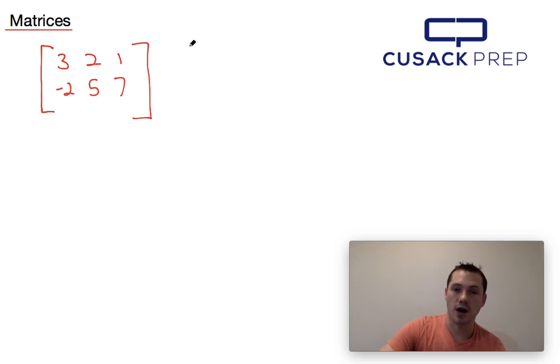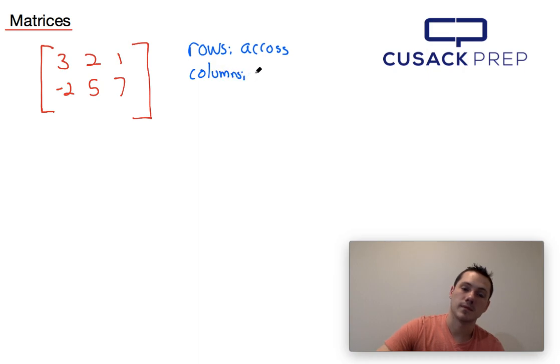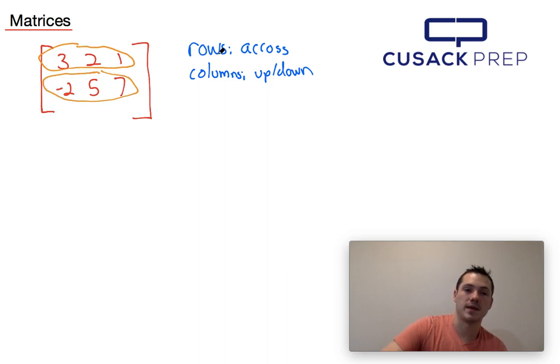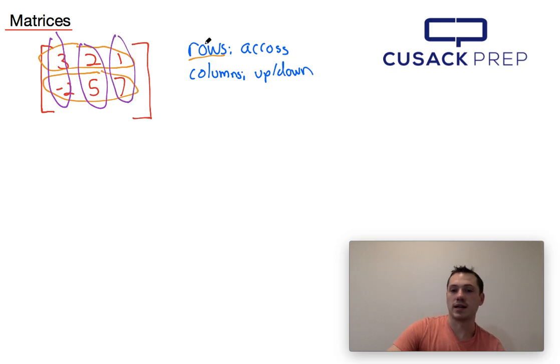Rows go across and columns go up and down. The two rows would be this row here as well as this row here, and the three columns would be one column, two columns, three columns.